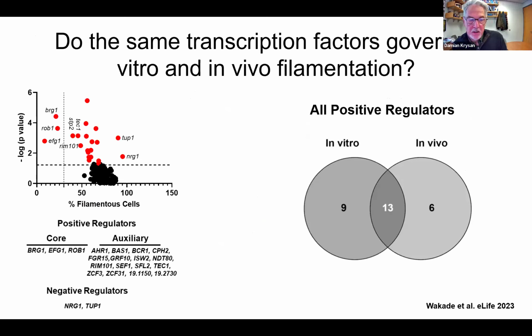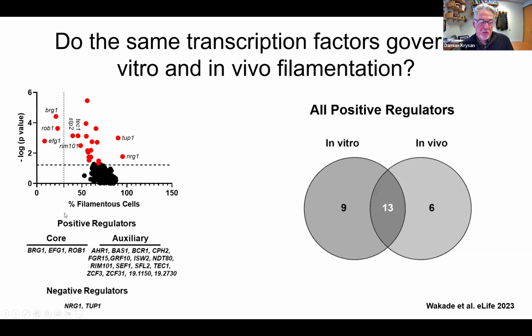This work was published just about a year ago and was a heroic piece of work by my postdoc Rohan Wakade. And what we found was that three of our fairly familiar regulators, BRG1, ROB1, and EFG1, clearly stood out as having the largest effect on the initiation of filamentation in vivo.